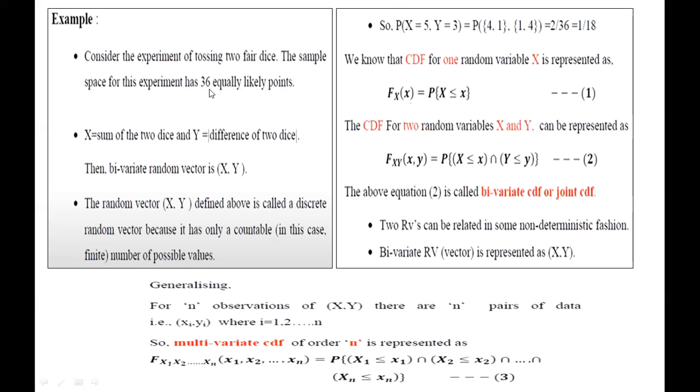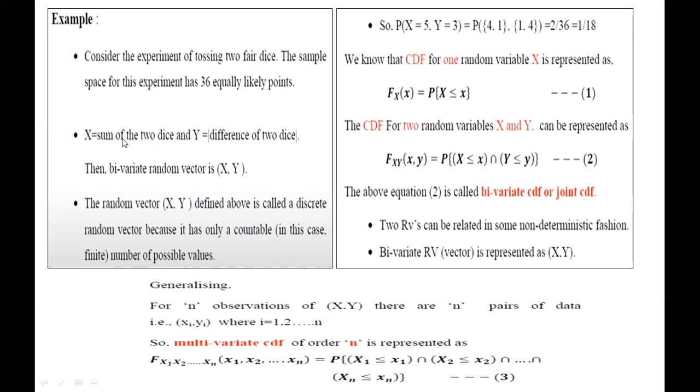Now let us look at the random variables for this particular example. X is a random variable where we consider the sum of the two dice. The numbers that you get after tossing the dice twice, the sum of the two numbers is considered as random variable X, and Y is the difference of the two dice.